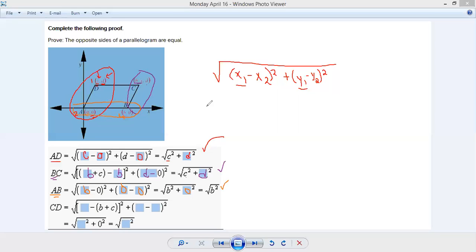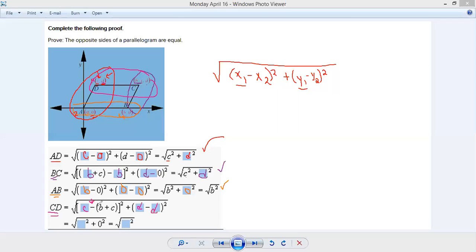And then finally, let's use pink. We've got to do CD. So CD is going this way. Let's see, what do they have? They've got the B plus C, and that's second. So that means this is our first coordinate here. So I'm going to say C minus B plus C, and then the matching Y coordinate is D minus the other Y coordinate, which is also D. So C minus B plus C. Now you have to be careful with this because of this minus sign right here, right?